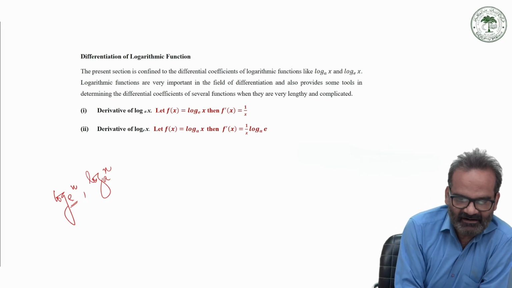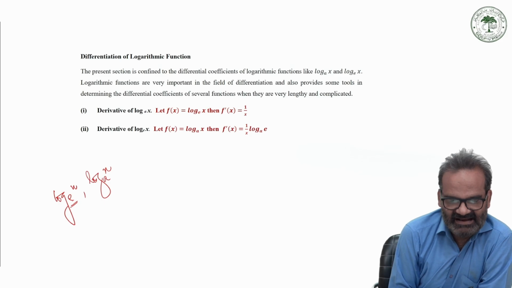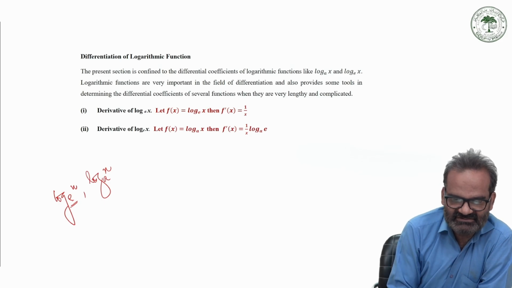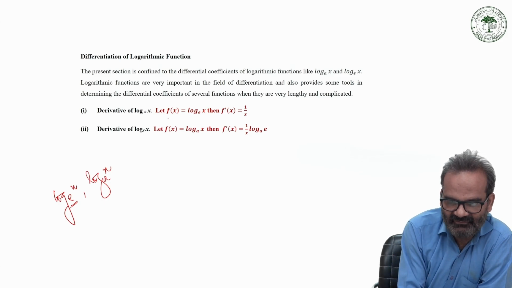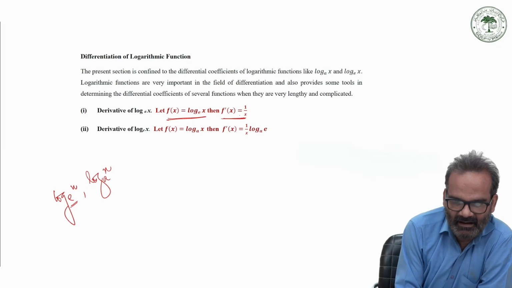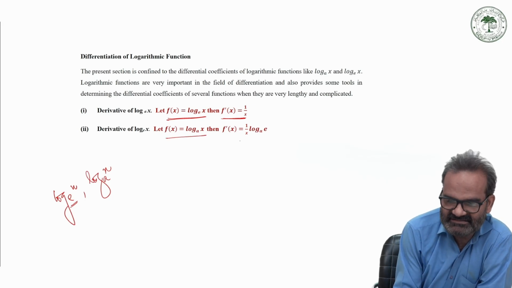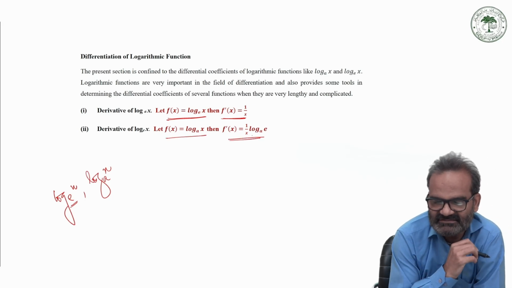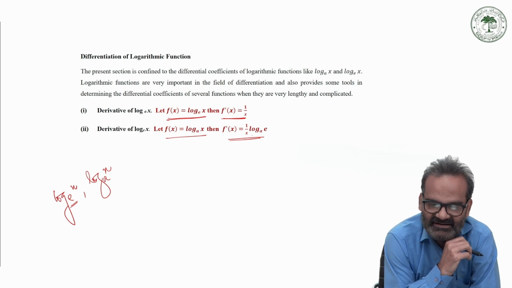So there are two basic functions as usual in the case of logarithmic functions also. One is, if f(x) is equal to log x base e, then its derivative is 1 upon x. And if f(x) is equal to log x base a, then its derivative is 1 upon x log e base a.